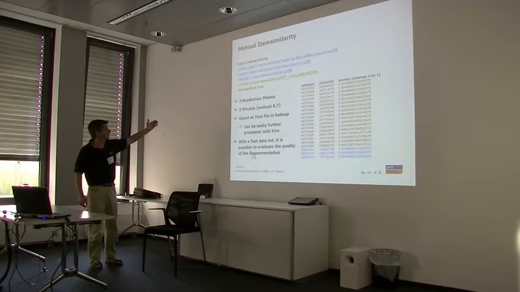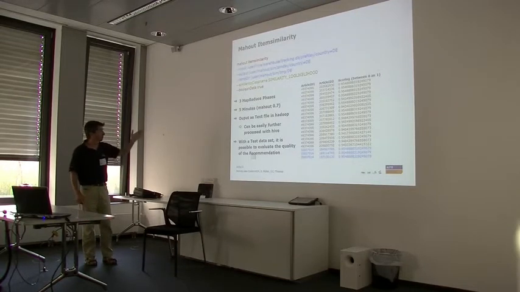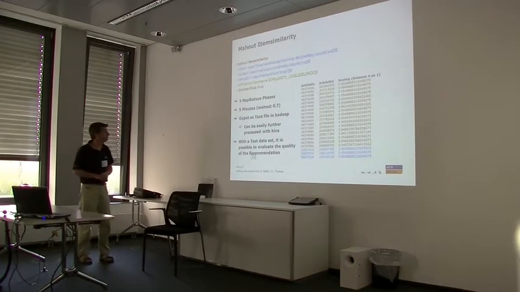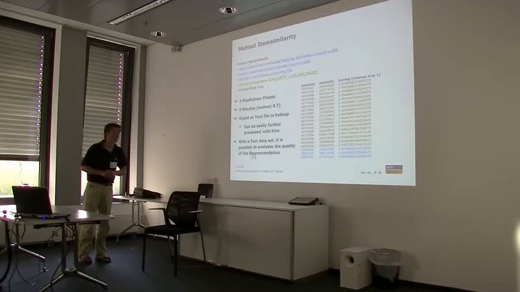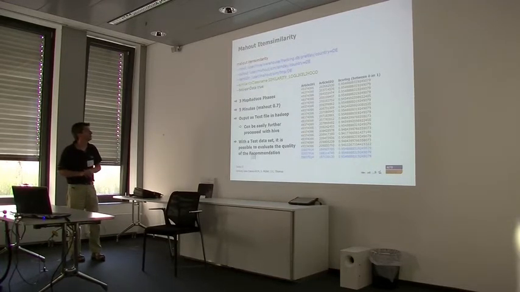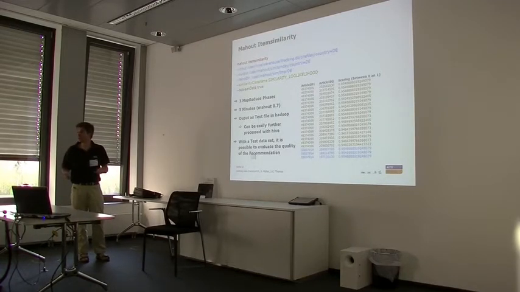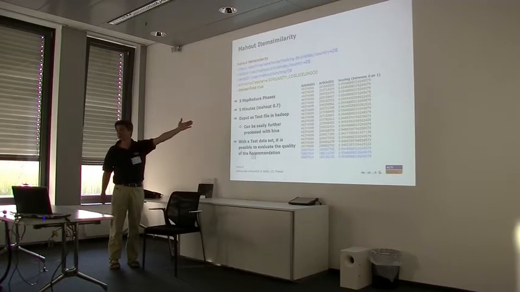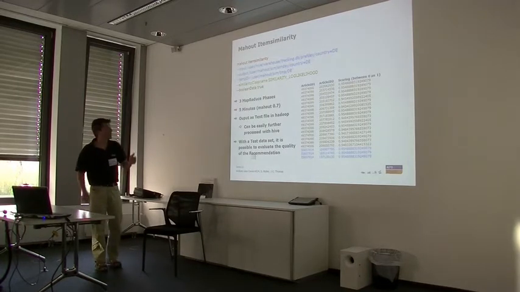Mahout item similarity is running in 3 MapReduce phases. For about 10 or 15 million data, it takes about 5 minutes on our cluster. It is, by the way, much more performant with the 0.7 version. And then you get as output a text file which is containing this data. So you have article ID, another article ID, and a scoring.